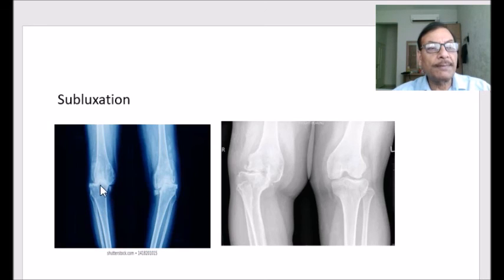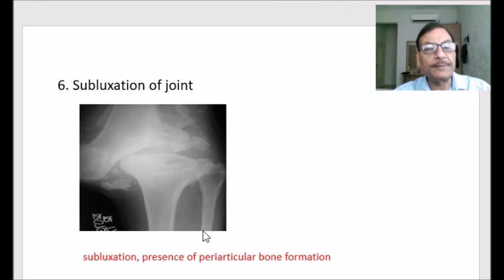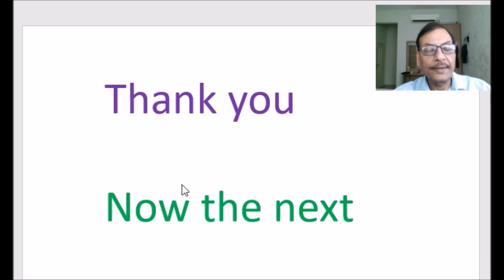And subluxation, we can see there is a subluxation of the joint. This tibia has shifted laterally. Again, this one also shows subluxation, and there may be an extreme subluxation. See subluxation and the presence of periarticular bone formation. Thank you very much.